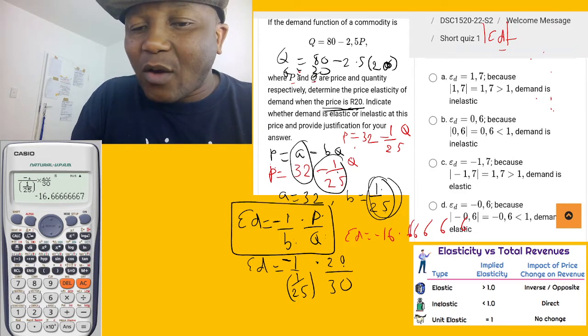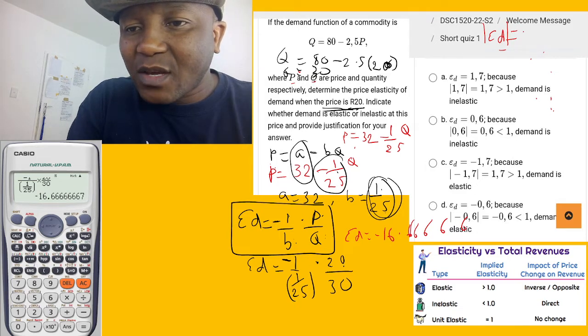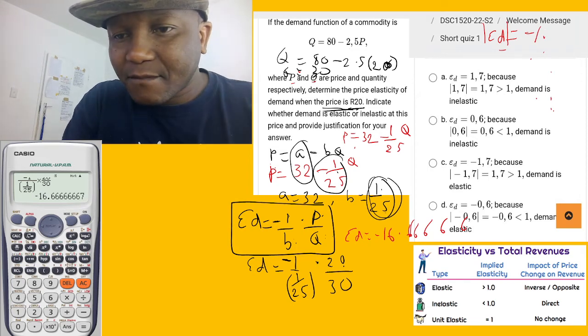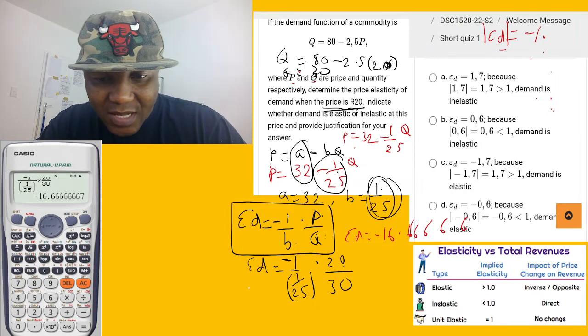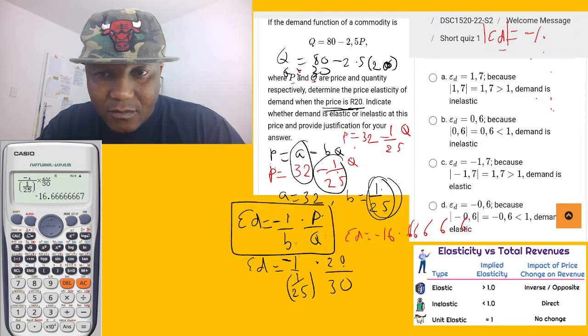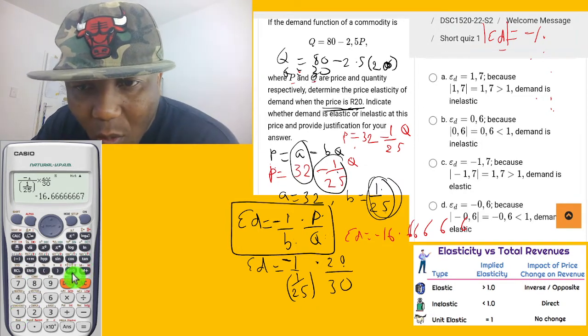So what is elasticity? Say you get negative 16 or negative 1.6? Let's see again what the calculator said.